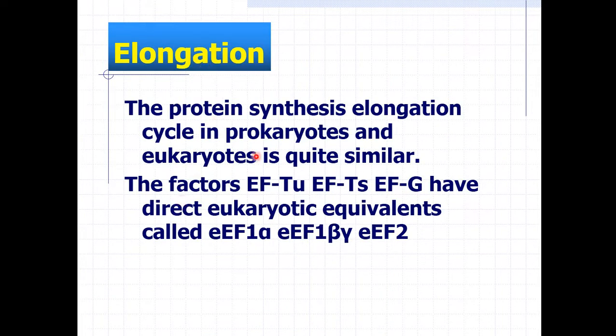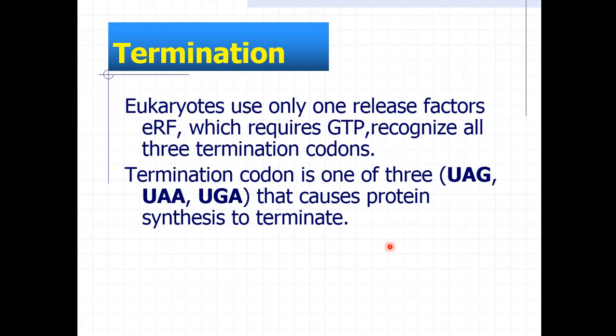Then elongation is the same as with EF-Tu, EF-Ts and EF-G. Equivalent factors are found in eukaryotes: eEF1 alpha, eEF1 beta and eEF2. And for termination, there is only one release factor, eRF.